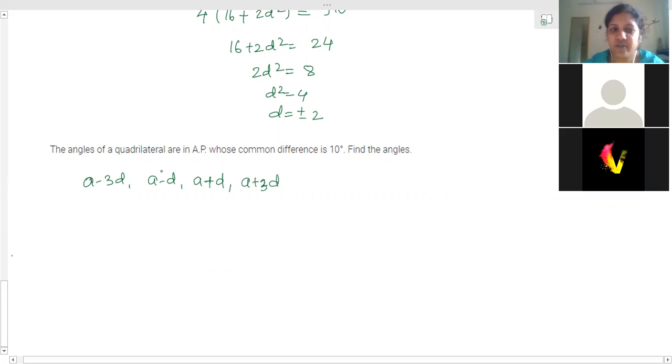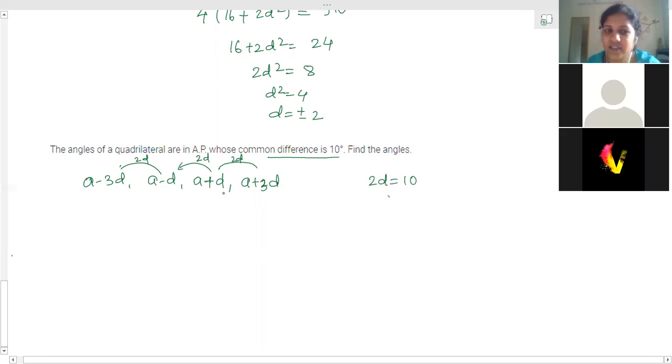So what is the difference of every term? It is 2D and 2D. But in this question, they have mentioned the common difference as 10. That means 2D is equal to, if you want to take it, you can take it, but the difference between the two terms is 10. So therefore, 2D is equal to 10.